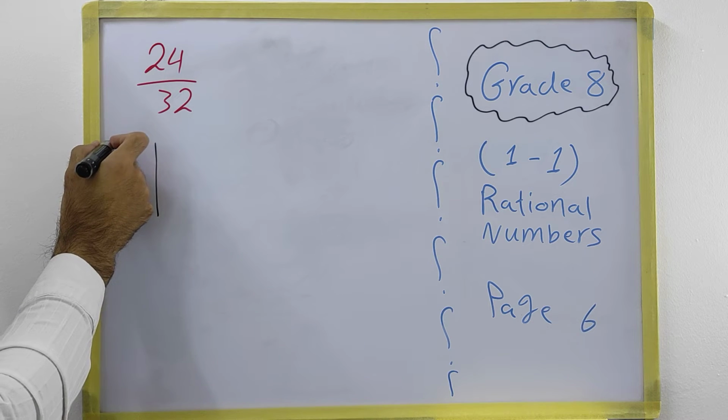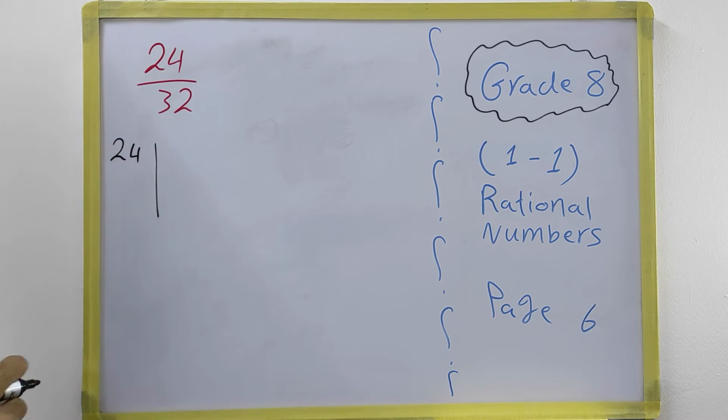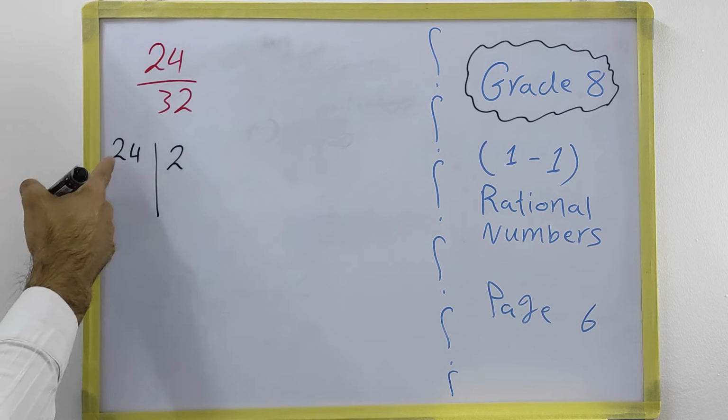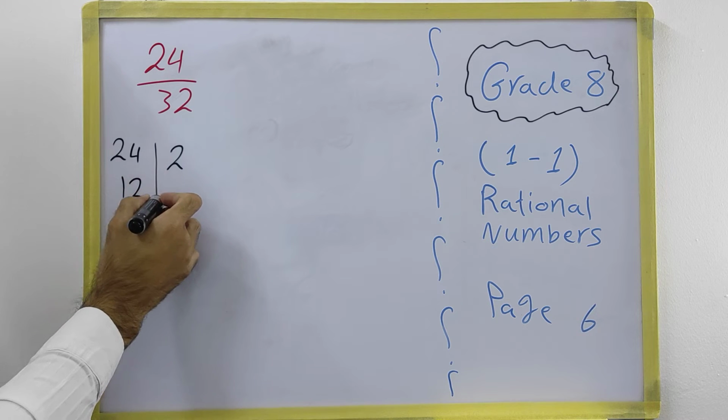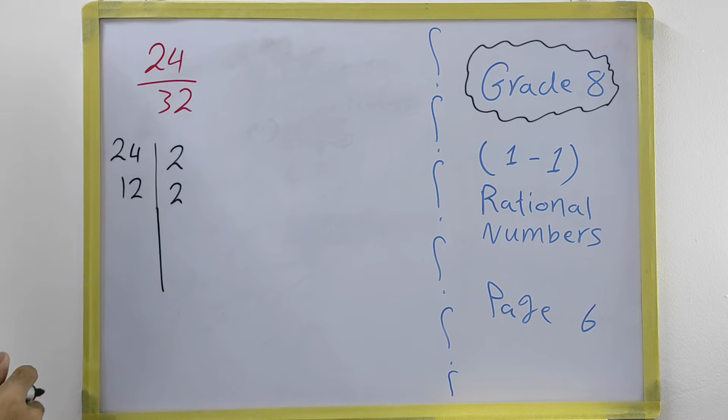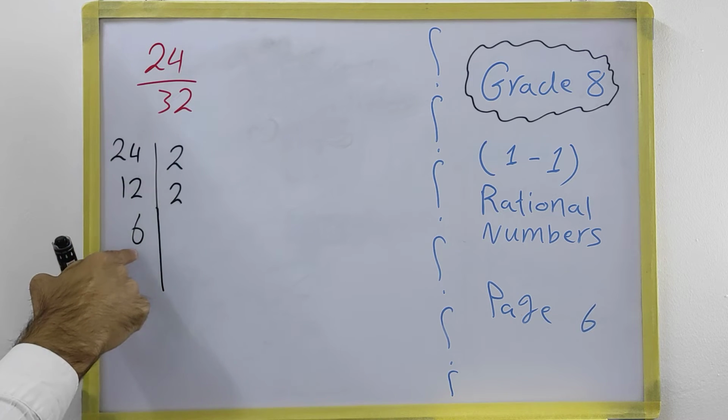If we factor 24, it can be divided by 2 or by 3 or by 5. We check, we divide until the end. 24 can be divided by 2. 24 divided by 2 is 12. Again it can be divided by 2, which would be 6.